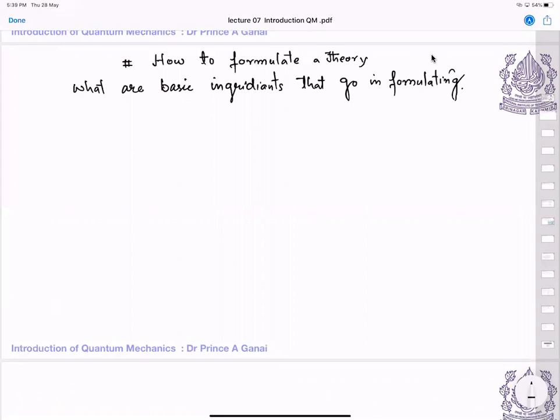Now, the first step is experimental results. So we have new experimental results that challenge our existing theories. Now I will give an example here.